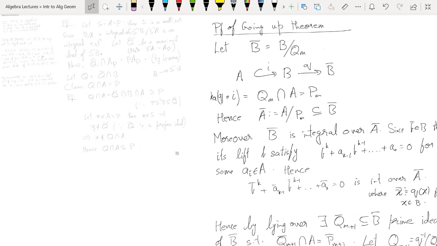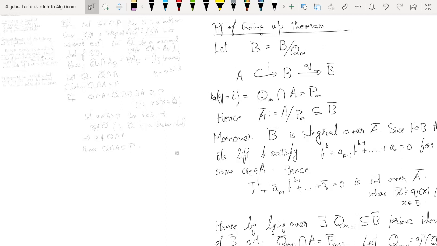So finally, for the going up theorem, we'll use a sort of induction. We'll quotient out by QM, and we'll use the bijection between prime ideals of B mod QM and prime ideals of B containing QM. You arrange all this and use the lying over theorem, and you get the going up theorem.